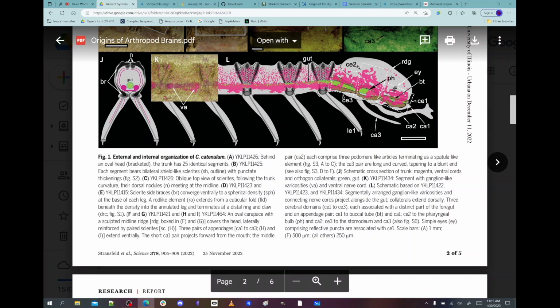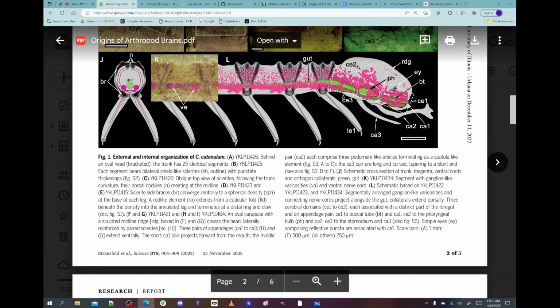So each of these segments forms this little thing here in the middle, and then these legs. In each one of these segments, you have something that allows the organism to keep its structure. You have a gut that runs down the middle of the body, and then you have the brain at the anterior end of the organism.